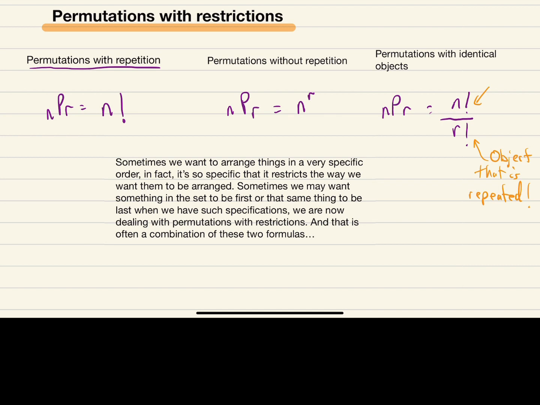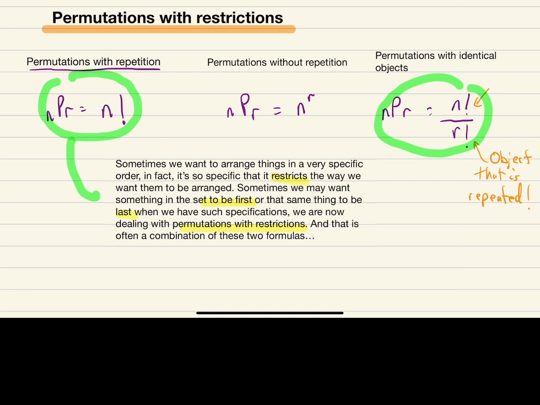Sometimes we want to arrange things in a very specific order. In fact, it's so specific that it restricts, and we're going to underline that word here, the way we want them to be arranged. Sometimes we may want something to be set first, or that same thing to be set last. When we have such specifications, we are now dealing with permutations with restrictions. And that is often a combination of these two formulas over here, and I'm circling them.